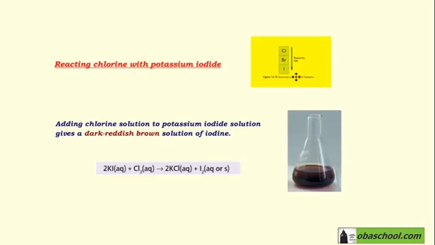Okay, so after writing the equation, let's write the redox reaction to know which element undergoes oxidation and which one undergoes reduction. So as you can see, 2I⁻ plus Cl2 produces 2Cl⁻ plus I2.